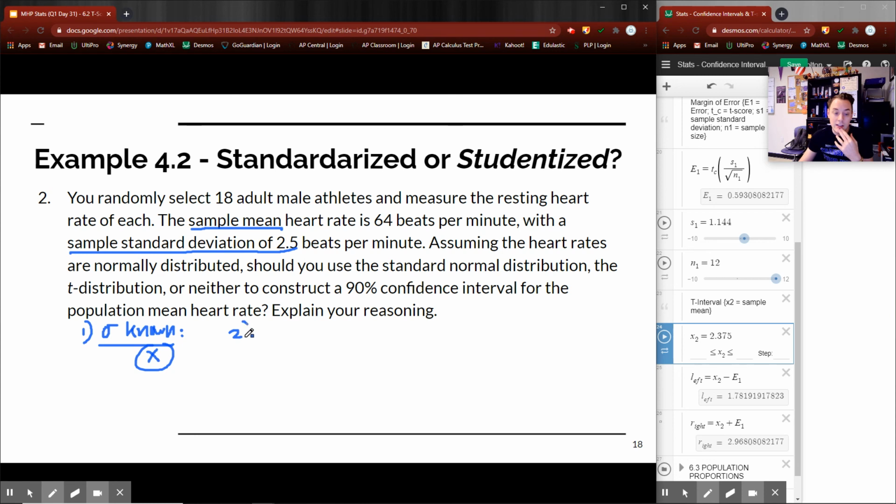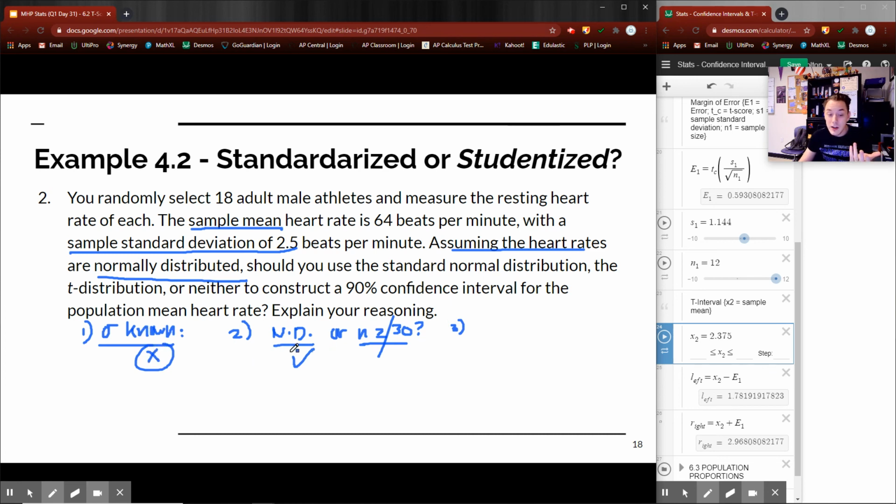So now let's ask our second question. Is it normally distributed, or is n greater than or equal to 30? Well, n is definitely not greater than or equal to 30, so hopefully it's normally distributed. Assuming that the heart rates are normally distributed, awesome. So that is true. But the problem is, do we really know the standard deviation?